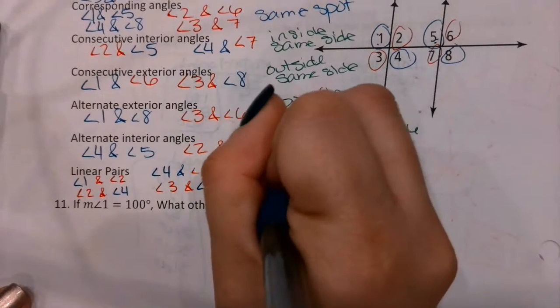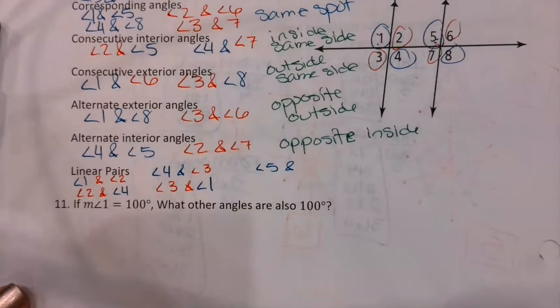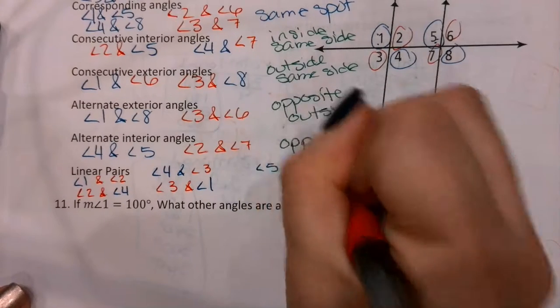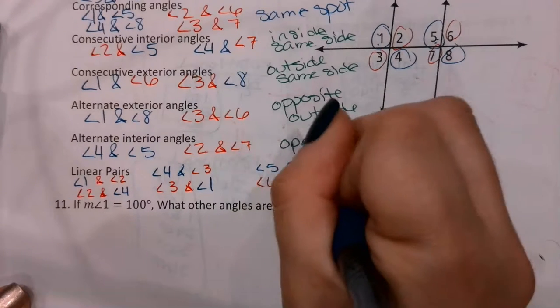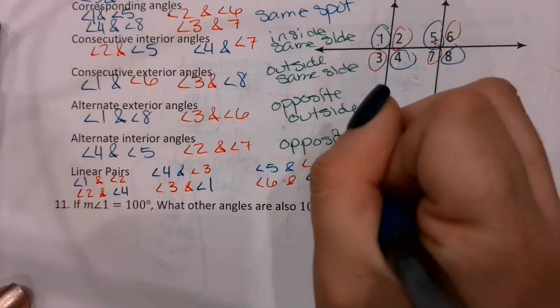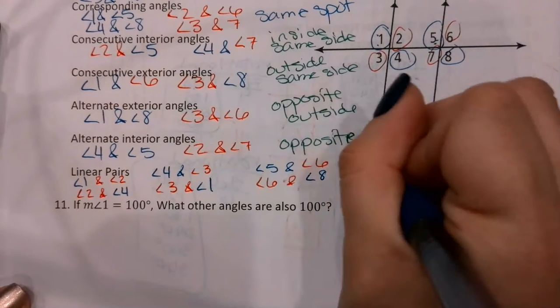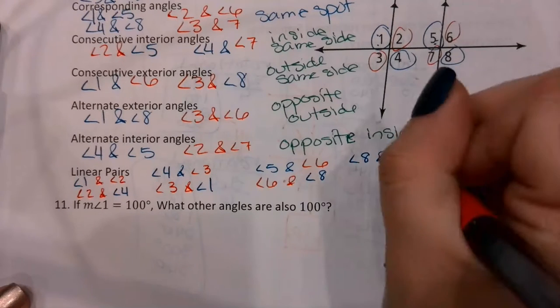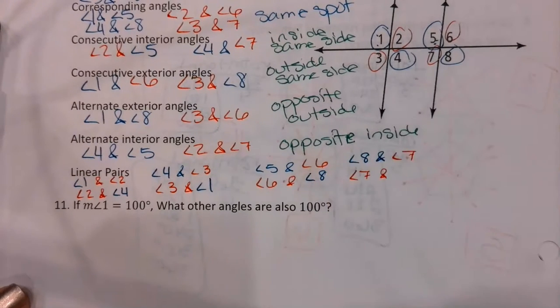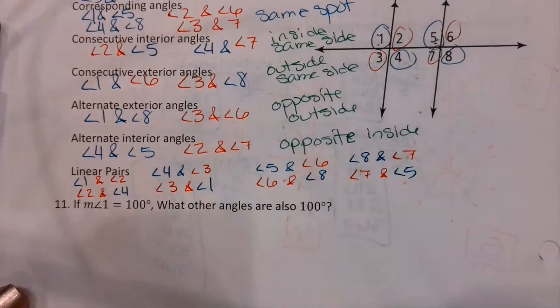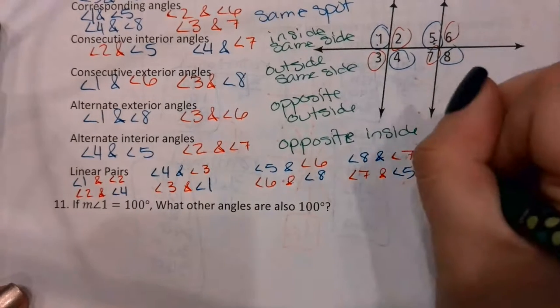I have angle 5 and angle 6, angle 6 and angle 8, angle 8 and angle 7, and angle 7 and angle 5. So these ones make a line.